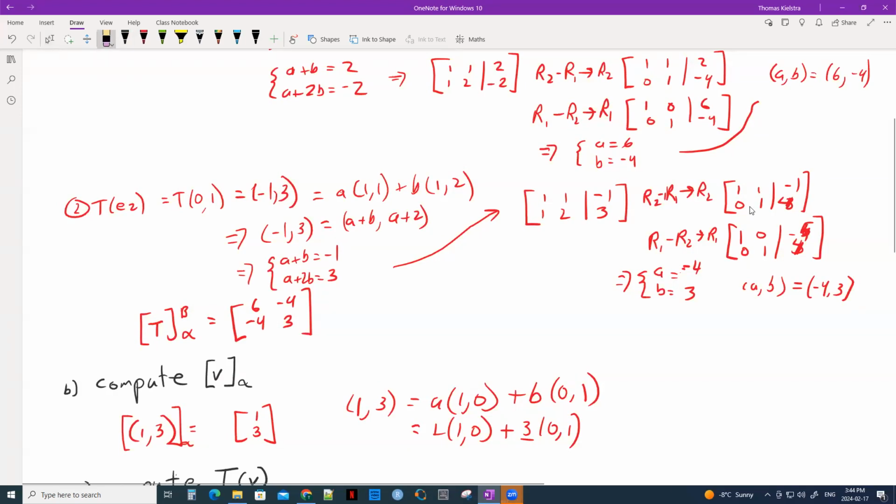Let's erase these. So this becomes a 4. This becomes a minus 5. This is a minus 5. So our matrix becomes (-5, 4).